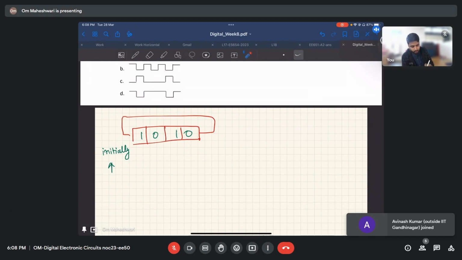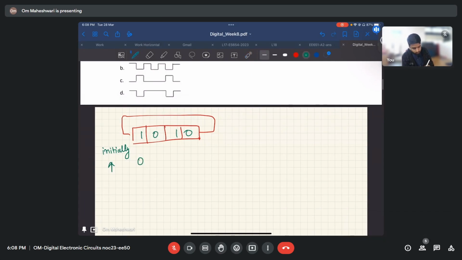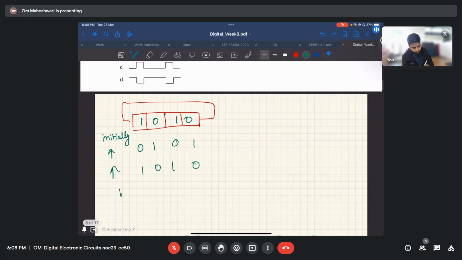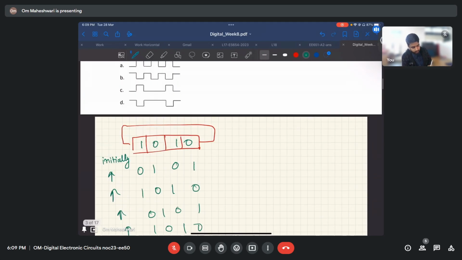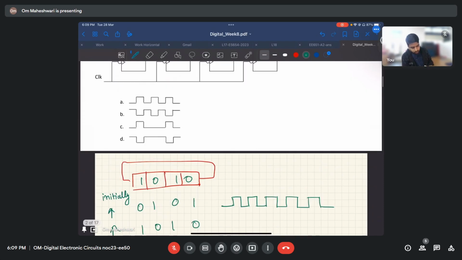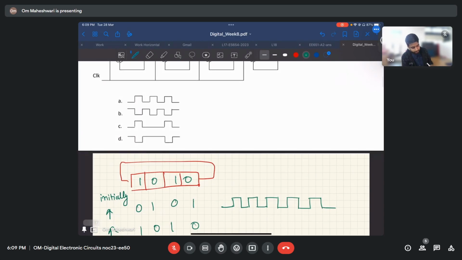In the next cycle, the output will be 0101, and after that it will be again 1010. This will keep on continuing, 0101, 1010. So the output is a cycle like this, and that is our answer.